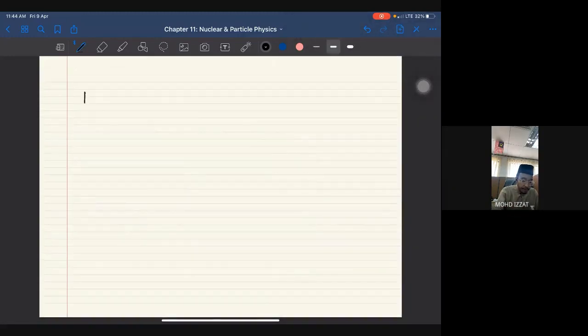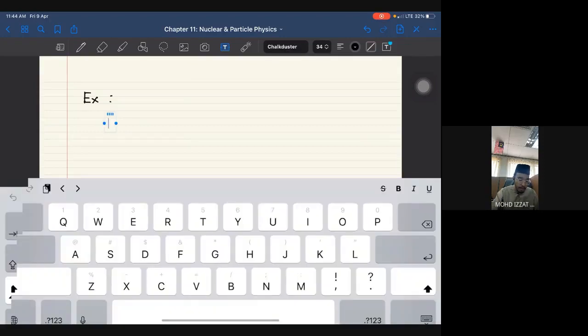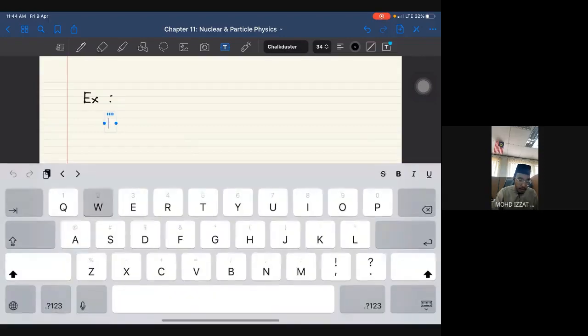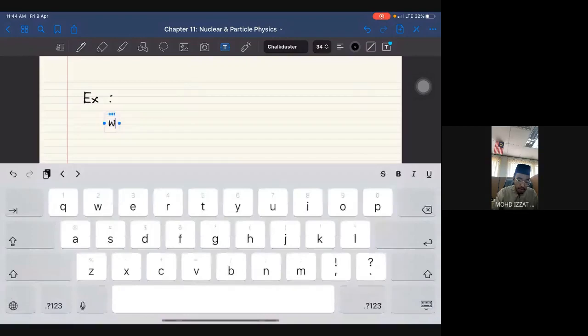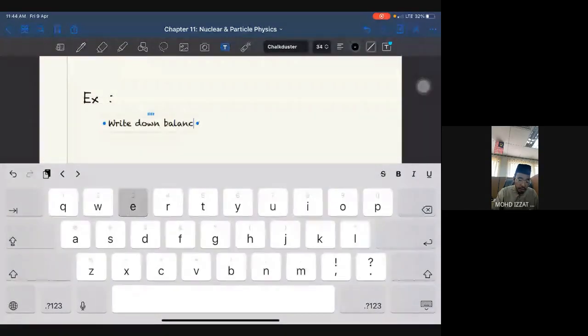Cuba kita buat, kamu buat. Example number 1. Let's say if you have, write down the balanced equation.